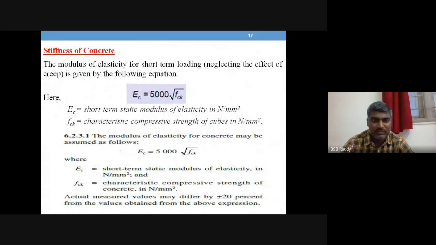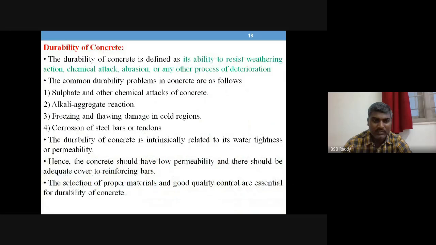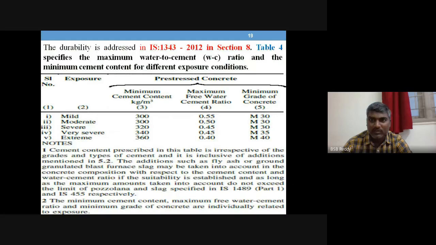Where the stiffness of concrete is again from clause 6.2.3.1 of the IS code. It is to be taken as 5000 root fck. And durability requirements depending on the exposure. Again, this will be extensively discussed with the help of the code.